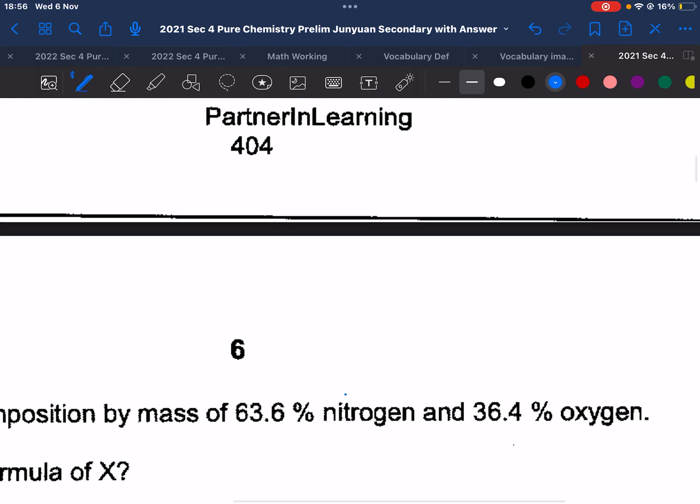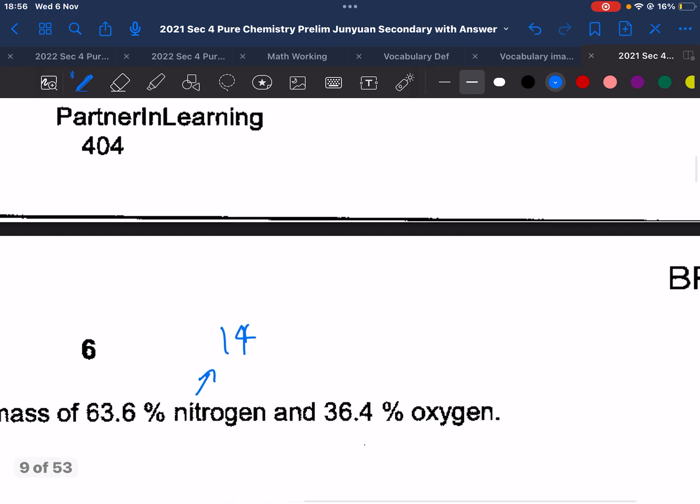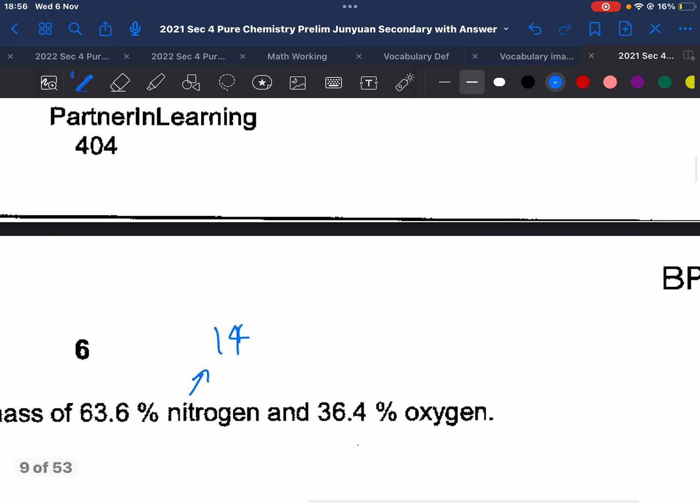Compound A has a composition of this. Nitrogen, we all know, has a relative mass of 14, and oxygen has a mass of 16. So 36.4 over 16, let me get the calculator.